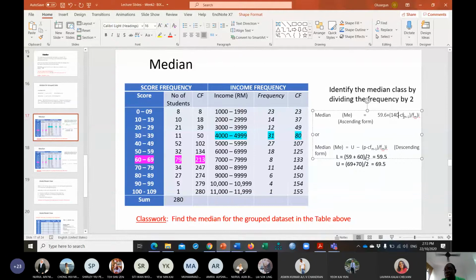Then, what is the cumulative frequency of the class before median? 134. Yes, 134. And the frequency of median class is 79, multiplied by I, which is 10.